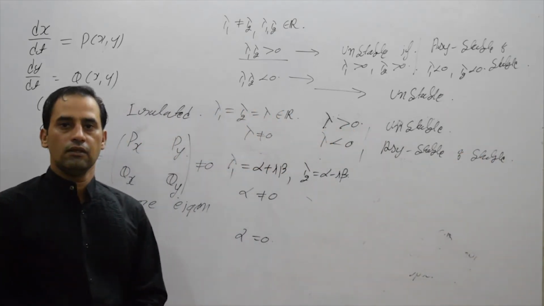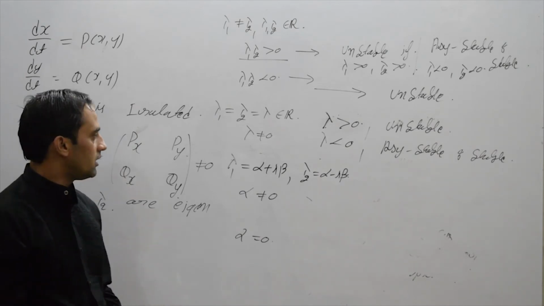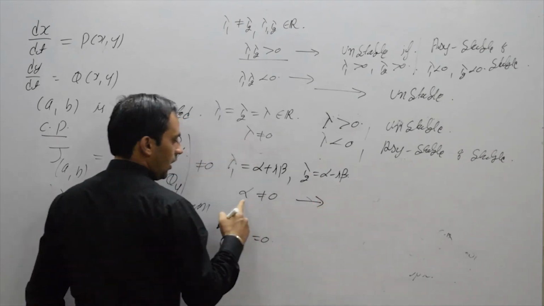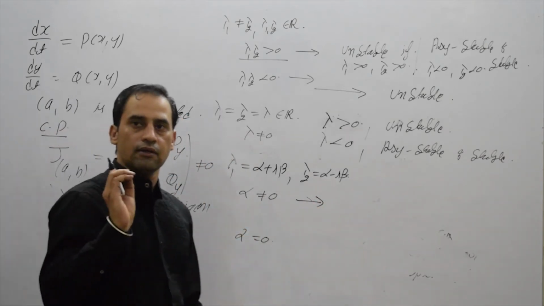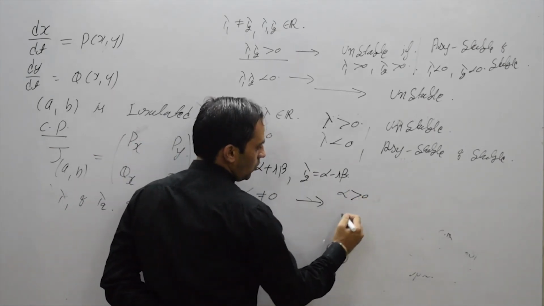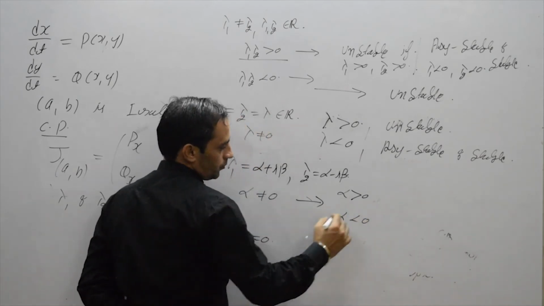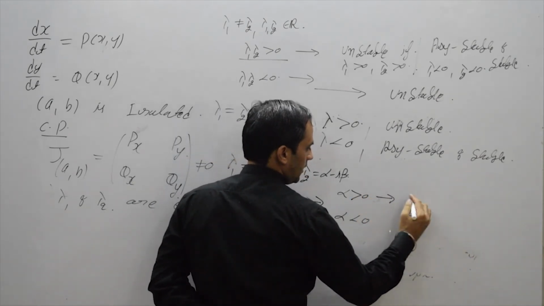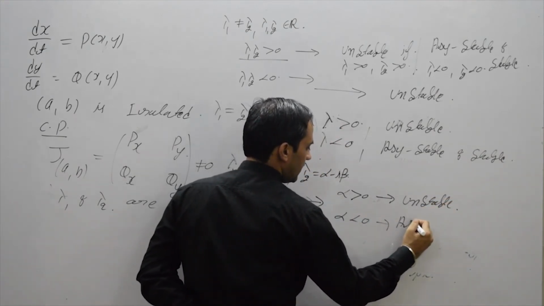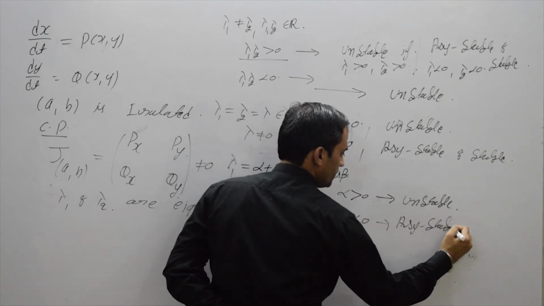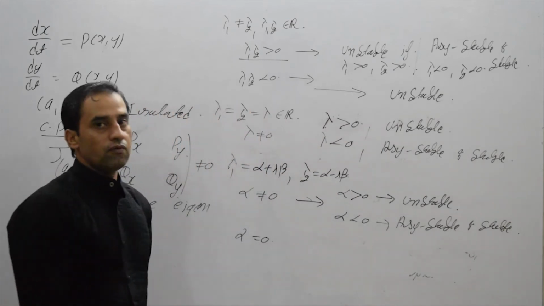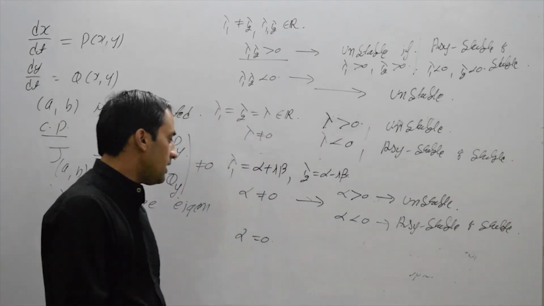And in the next case, whenever alpha is non-zero, that is, the roots are complex with a non-zero real part, alpha is either greater than 0 or less than 0. In this category it is unstable. In this category, again, it is asymptotically stable and stable. This is again valid for both linear and non-linear systems.